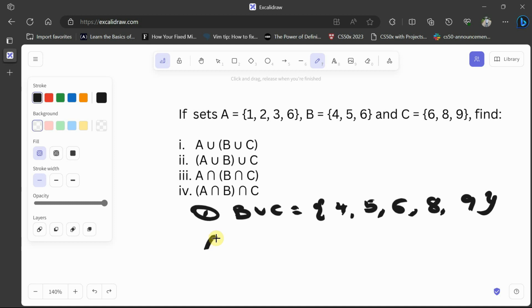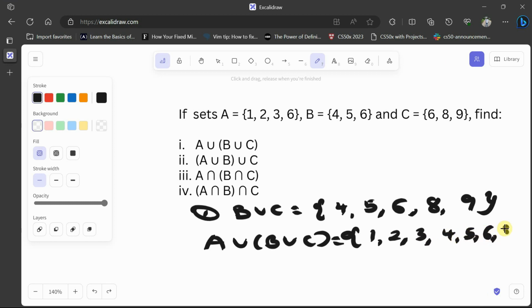That will give me 1, 2, 3, 4, 5, 6, 8, 9. If I close it here, this is my answer for this particular one. I want to try the second one and see if we're going to get the same thing.